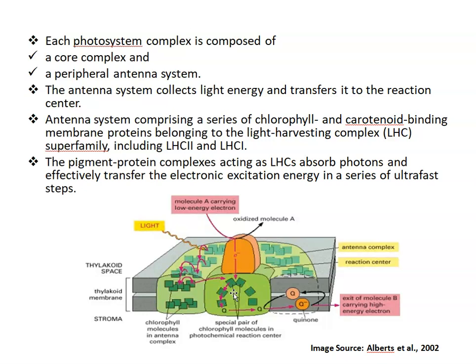The antenna system comprises a series of chlorophyll and carotenoid binding membrane proteins, this green in color, chlorophyll. This belongs to the light harvesting complex, a superfamily including two light harvesting complexes, LHC2 and LHC1.